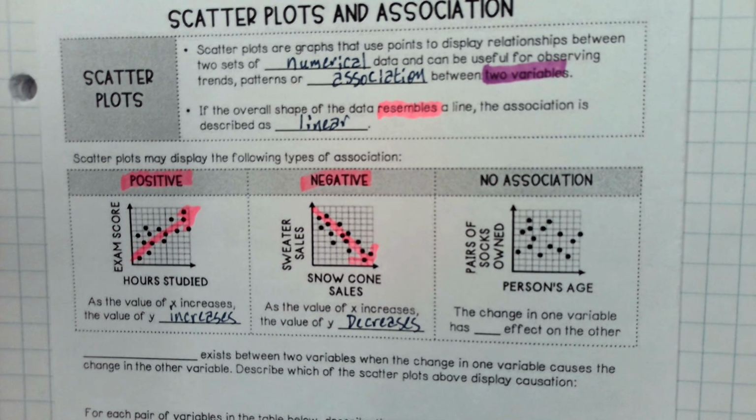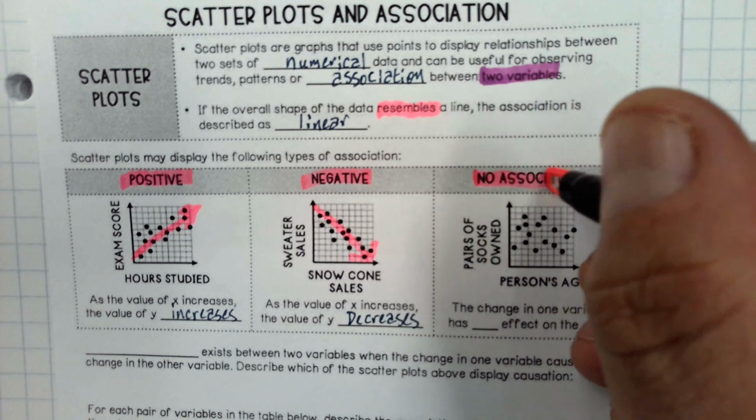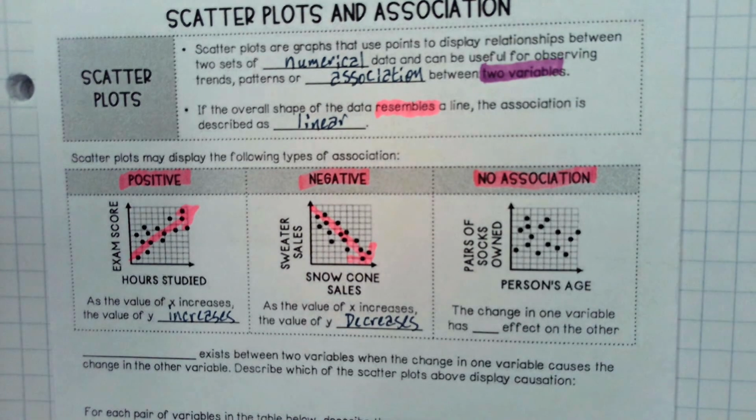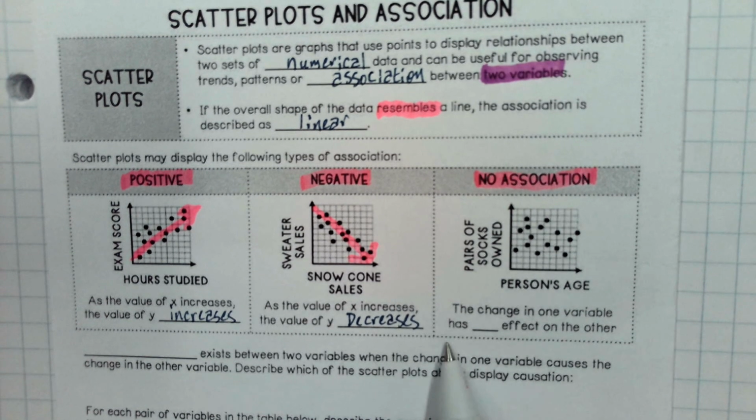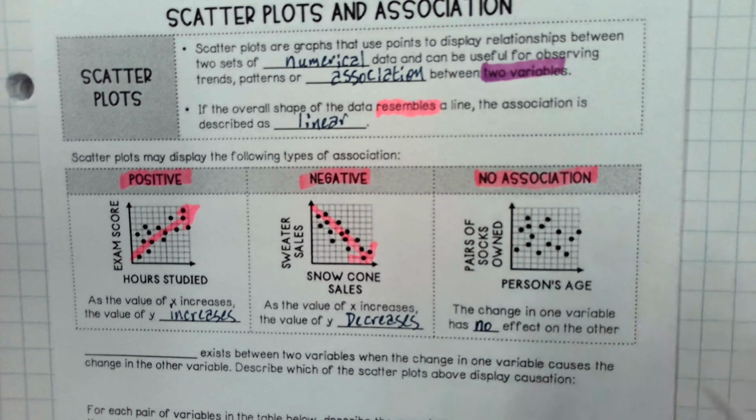Okay. Then the final one, the one that we really aren't too interested in, is when there's no association. When the two pieces of data have nothing connected. The change in one variable has no effect on the other.